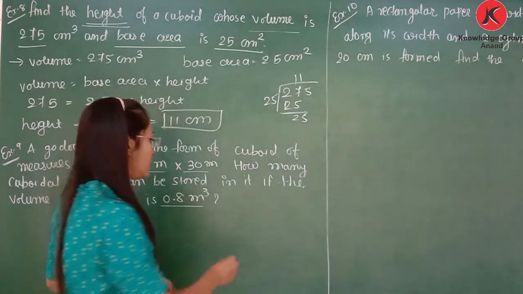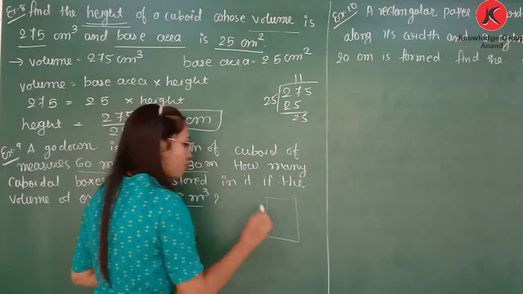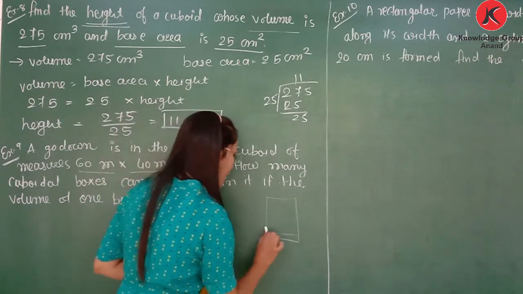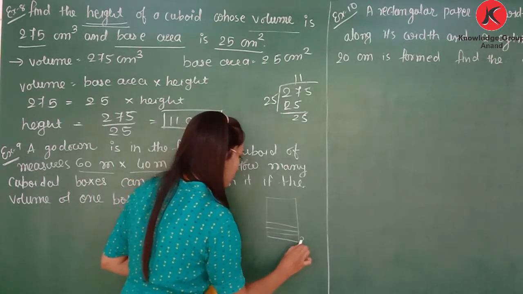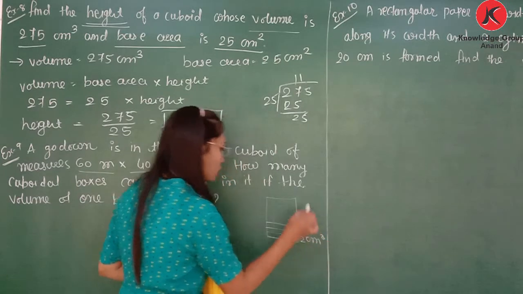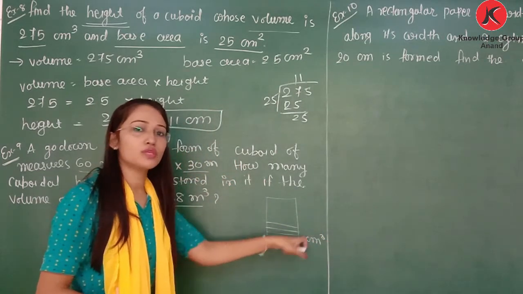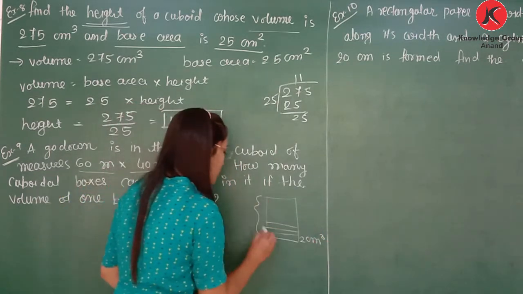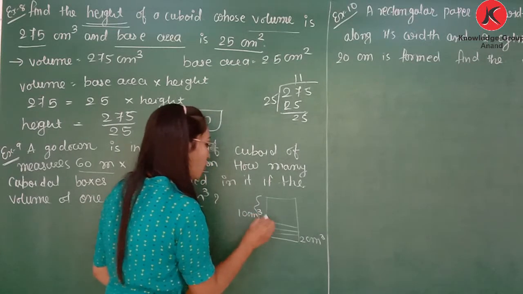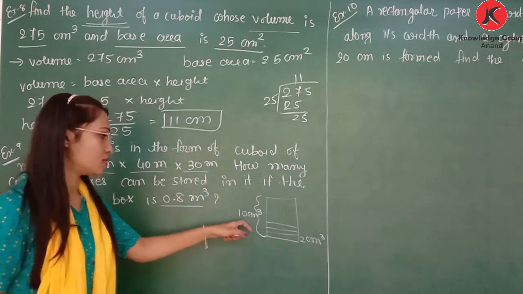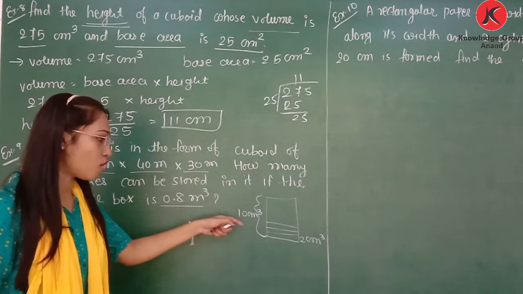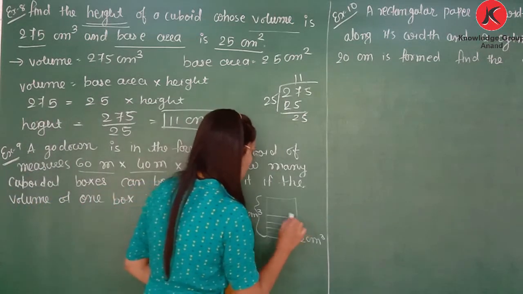For example, if we take one box of 2 centimeter and the whole is 10 centimeter, how many boxes can be placed in this bigger box? We can place 5 small ones.